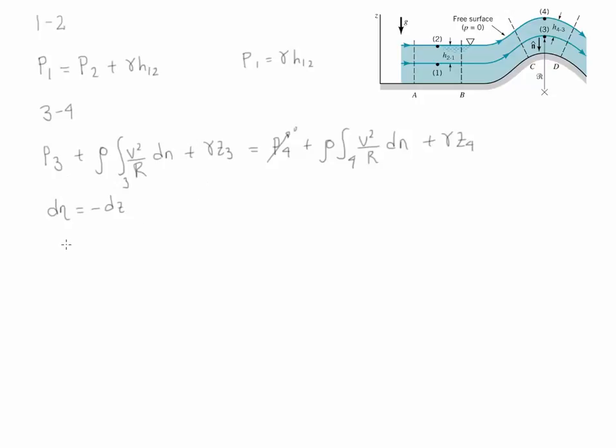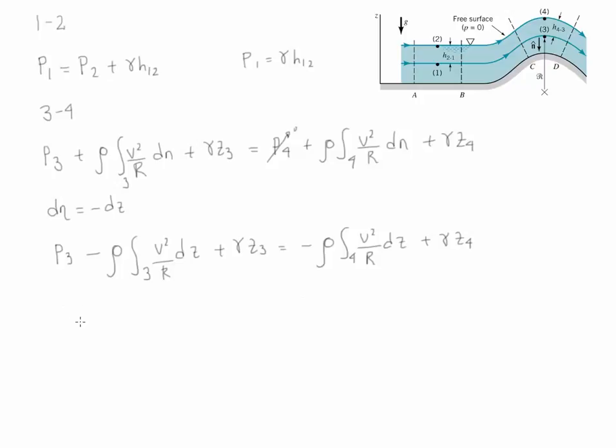We're going to rewrite this equation using z instead of n, and we could say that P3 minus rho, the integral at point 3 of V squared over R dz, plus gamma z3 is equal to negative rho, the integral at point 4 of V squared over R dz, plus gamma z4.